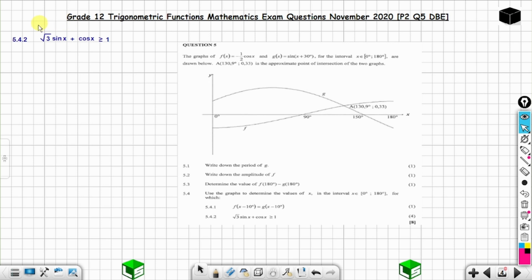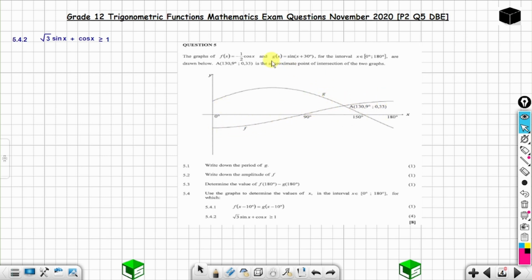This is what you are given. You have to determine the values of x for which this is greater than or equal to 1. So you have to use the two graphs, the graph of g and the graph of f.